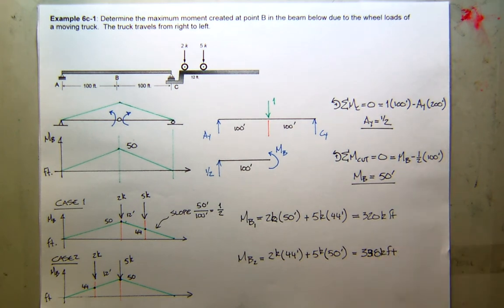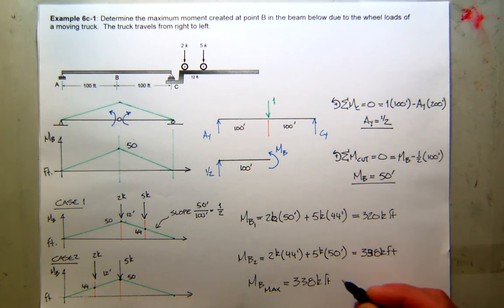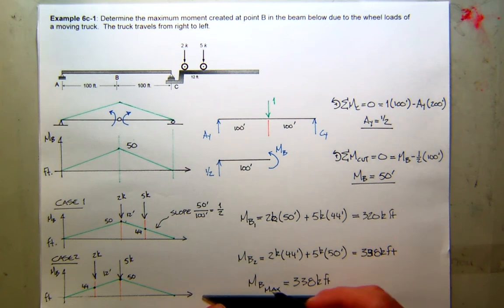Just barely a little bit more than 320. So now we'll say that the moment at B max for this system will be the larger of the two, which is 338 kip feet for this vehicle.